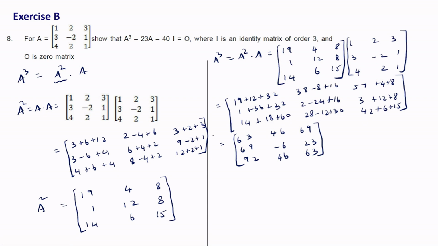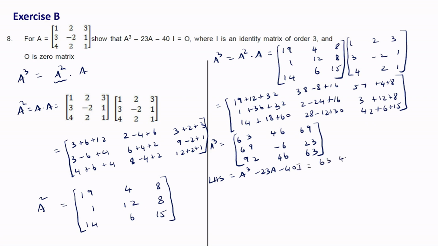So this is A cube. So here we need to have A cube minus 23A minus 40I. LHS is A cube minus 23A minus 40I.